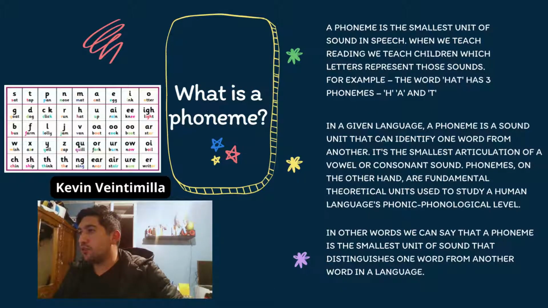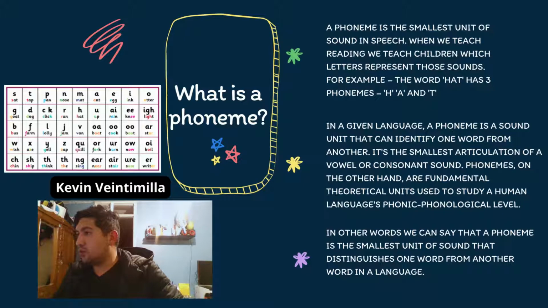What is a phoneme? A phoneme is the smallest unit of sound in speech. When we teach reading, we teach children which letter represents which sounds. For example, the word hat has three phonemes: H, A, and T. In a given language, a phoneme is a sound unit that can distinguish one word from another.